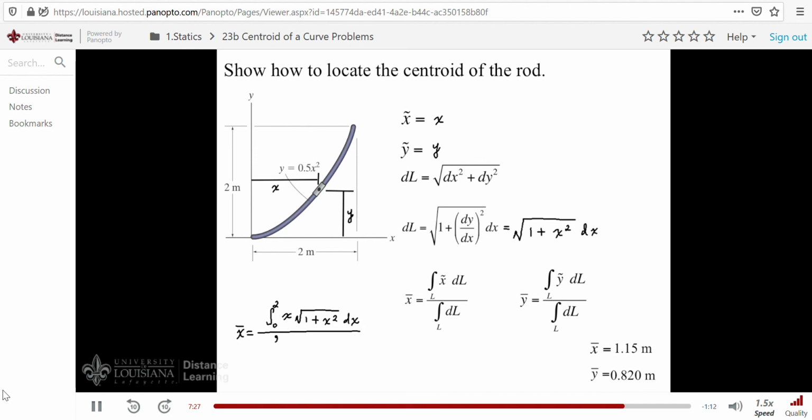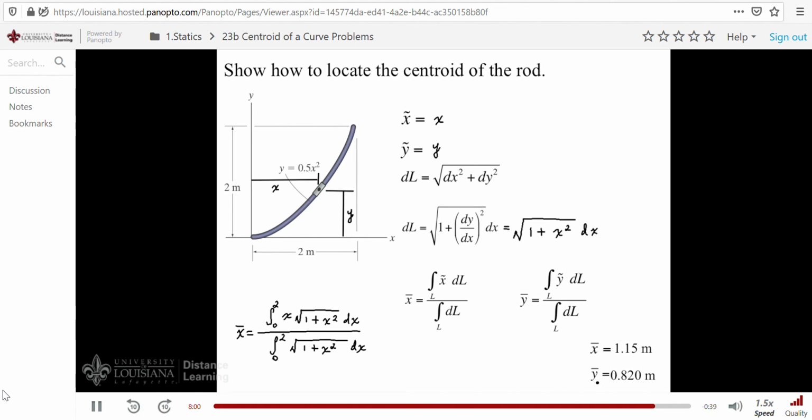Down below, to find the length of the rod, we're going to integrate from 0 to 2 the square root of 1 plus x squared dx. You can work these integrals out by using a table, or you can use your pocket calculator and a numerical technique. Anyway, when you're through, you get the result.